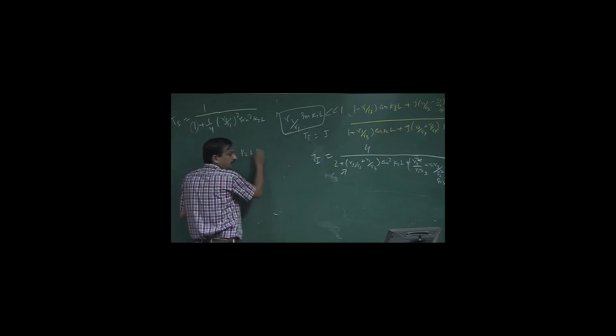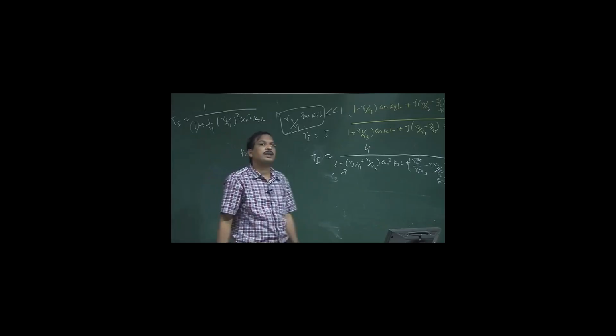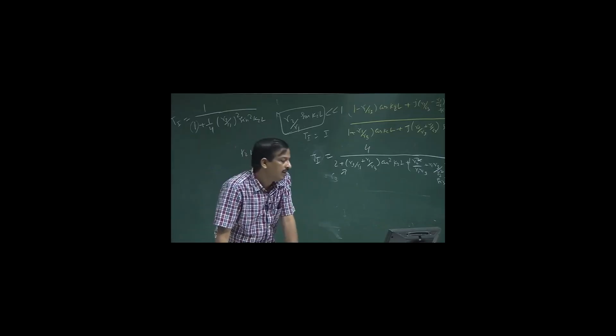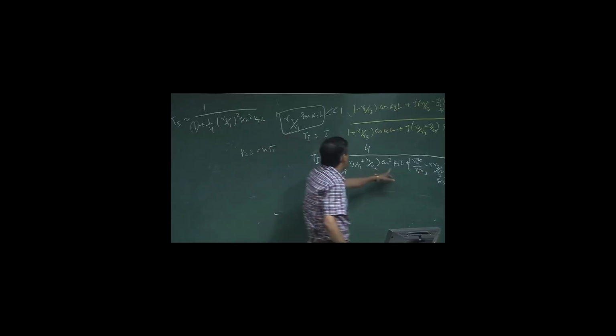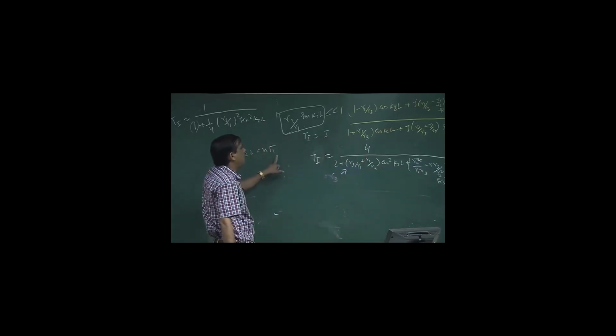The condition is that K2L is equal to n pi, so cos square K2L, with K2L an integer multiple of pi.